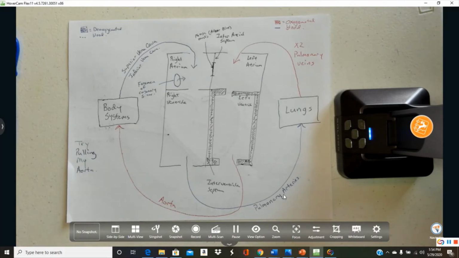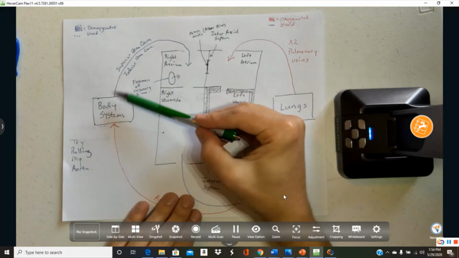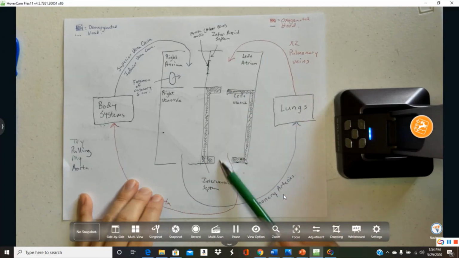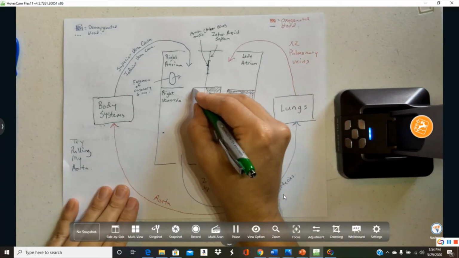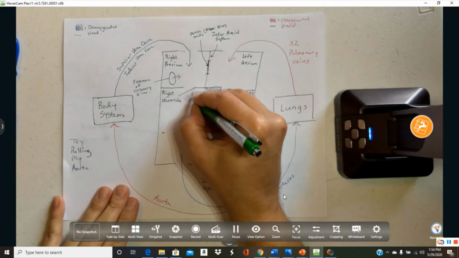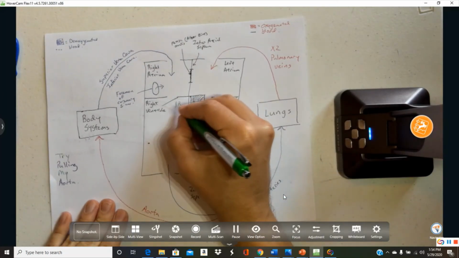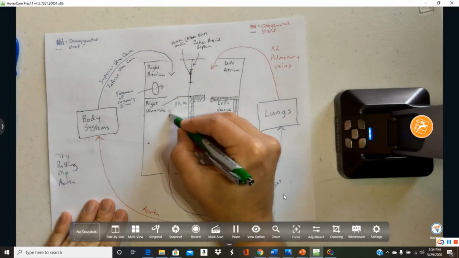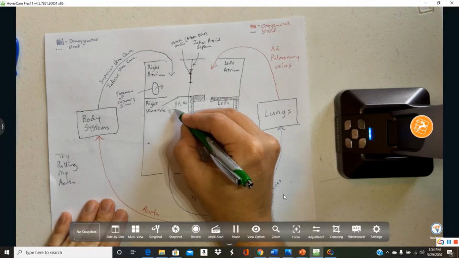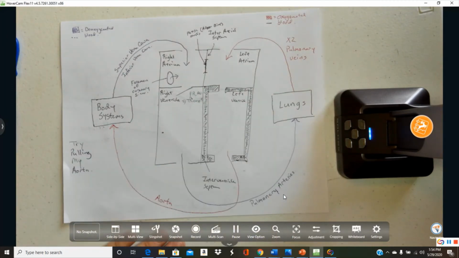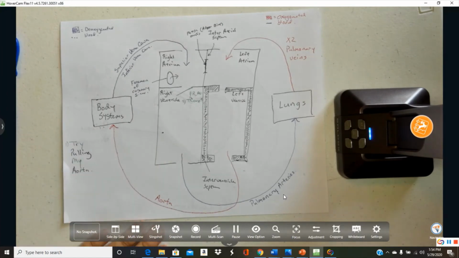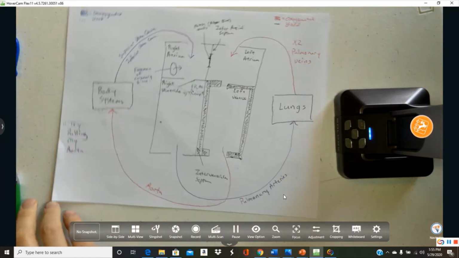So what do I mean by try pulling my aorta? Let's start here. Try. Now, this is the right AV atrioventricular valve, but it is also called the tricuspid valve. Try to be right. Pulling.